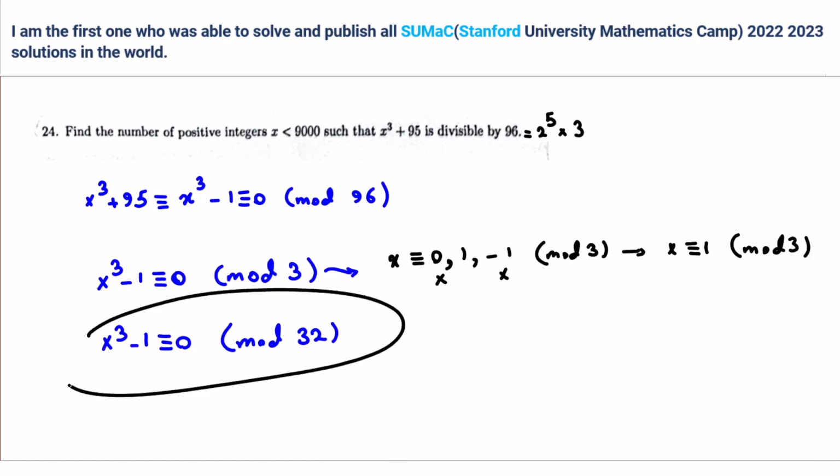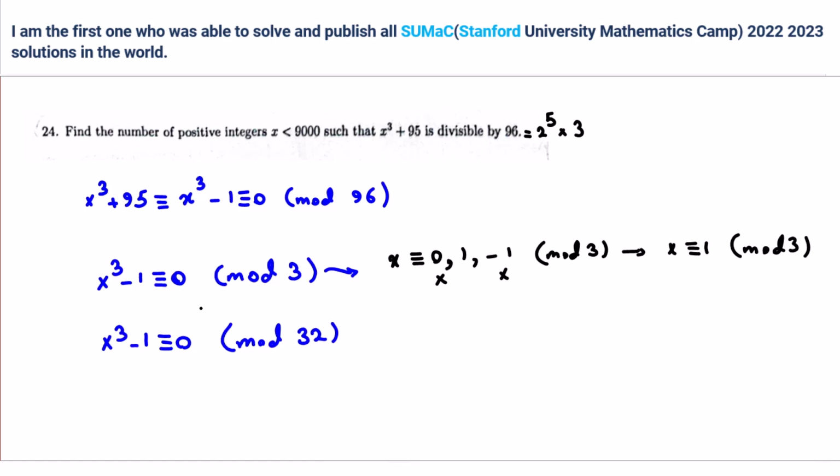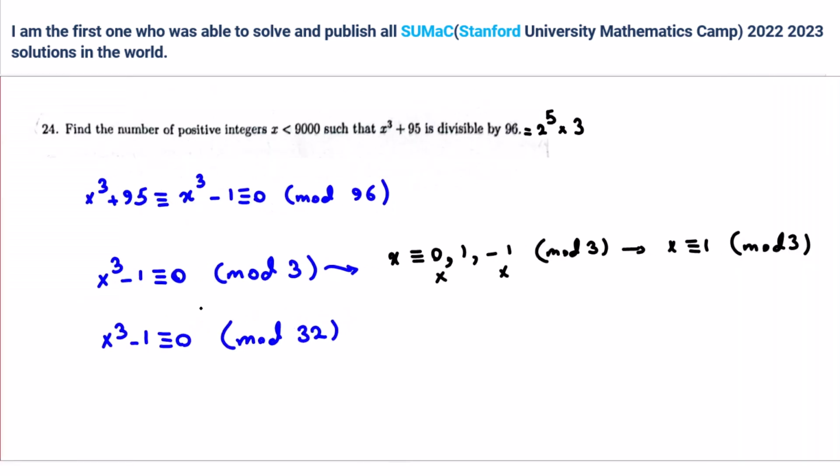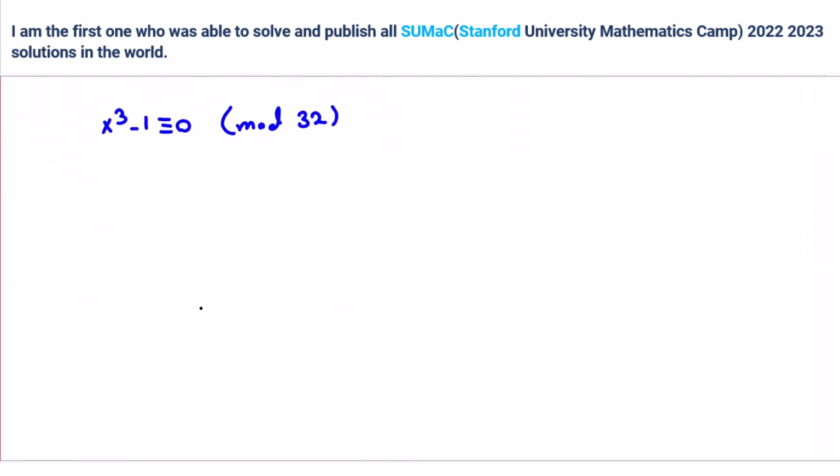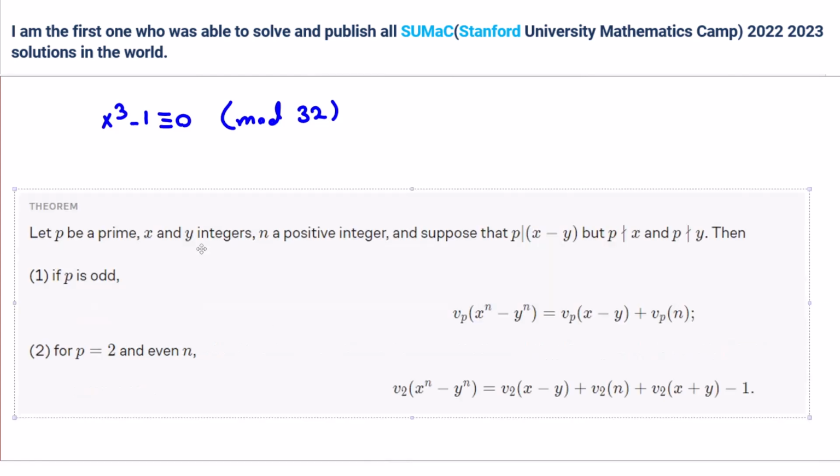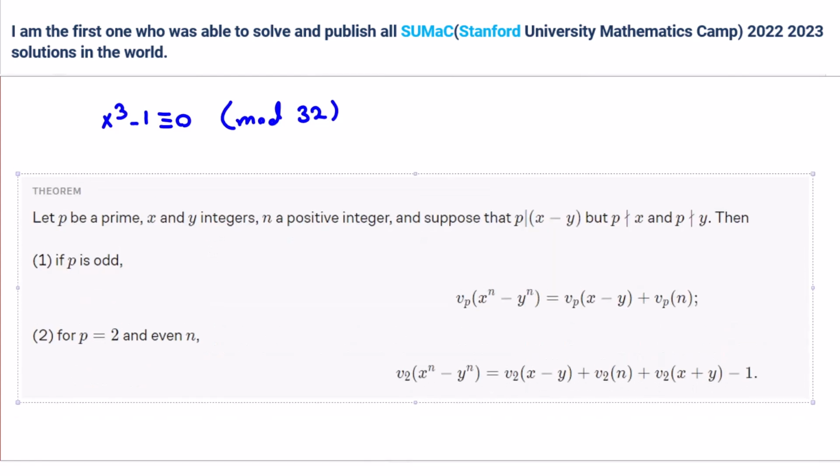Yeah. Now here we should work on this part, right? Again, for this part, we should use LTE, lifting the exponent. Have you heard of lifting the exponent? I think so. In AMC, useful. I will tell you a similar problem in AMC. You should use this for this one.